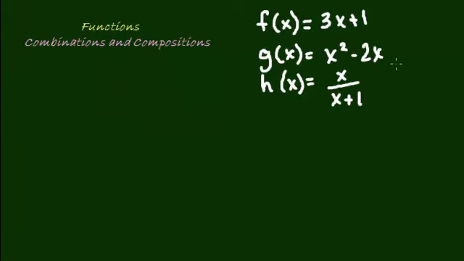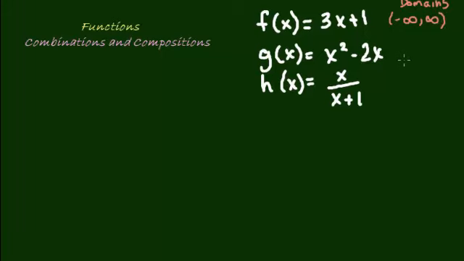Here are three random functions that I chose for you. f of x equals 3x plus 1. We do need to consider the domains, so let's look at the domains of each. The domain of f, well, it's a linear function, so x can be anything. So the domain for this one would be negative infinity to positive infinity.